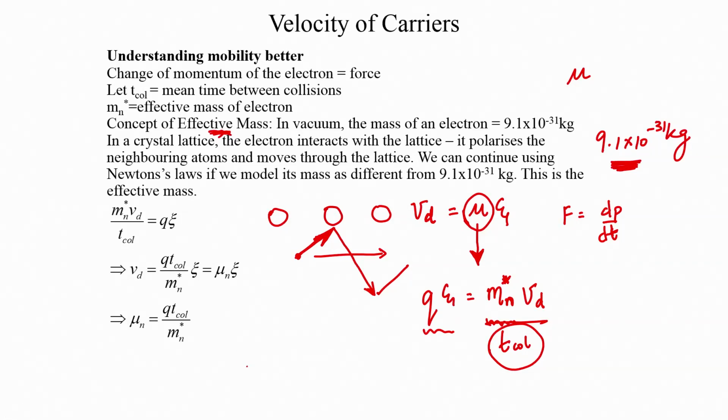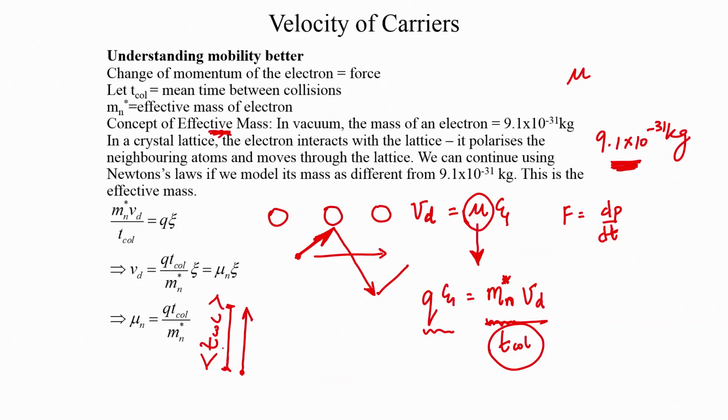So we say that the electron has managed to acquire some velocity, and the mean time before which it is going to lose that velocity is called the mean collision time, T collision. It is typically around these expected values of time, which is a statistical estimate.